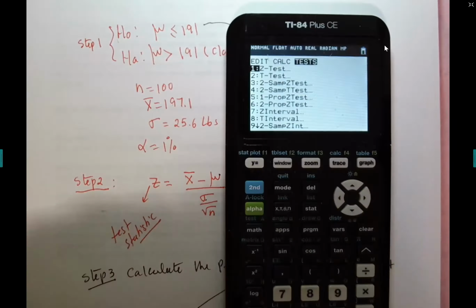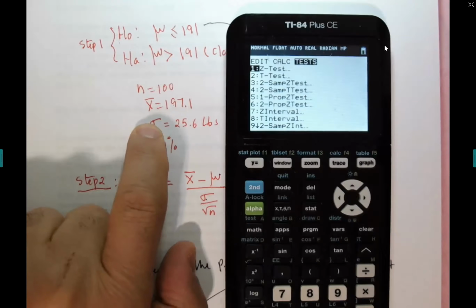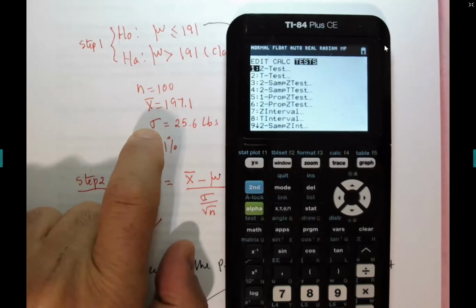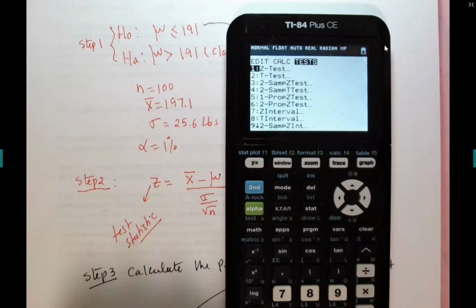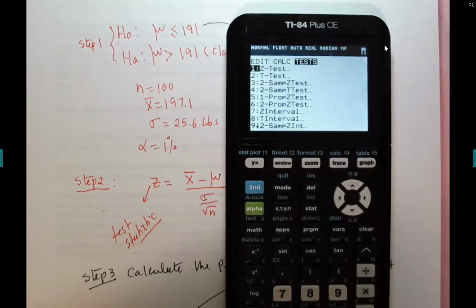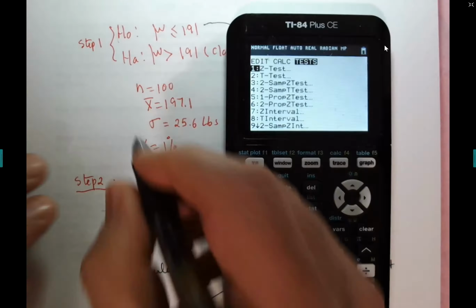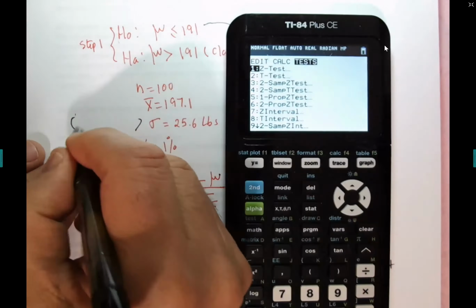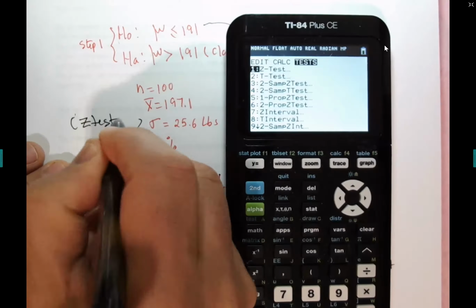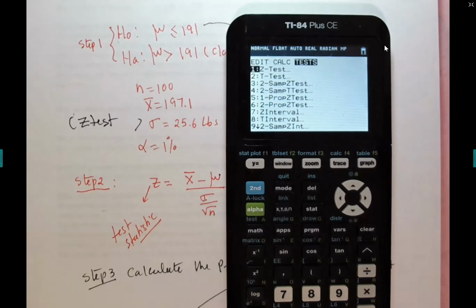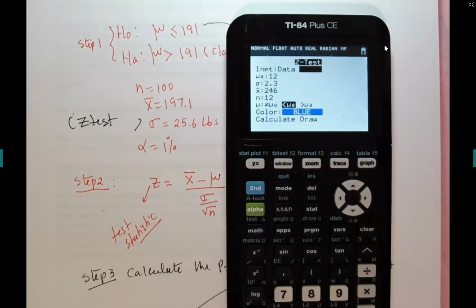Now, if sigma is given, please write a note here. If he gives you sigma, the population standard deviation that's linked to a normal distribution Z, it's going to be Z-test. That's a Z-test. So I'm going to press Z-test here and watch, guys.